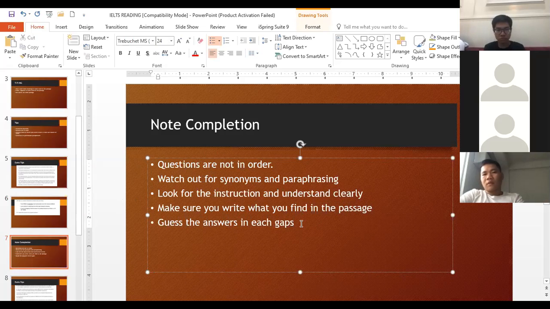So questions are not in order. Watch out for synonyms, paraphrasing. Check instruction carefully and understand that. Make sure you write what you find in the passage, not your paraphrase or your synonym. And you can try to guess the answers of each gap as well. That's for note completion or summary or form completion.